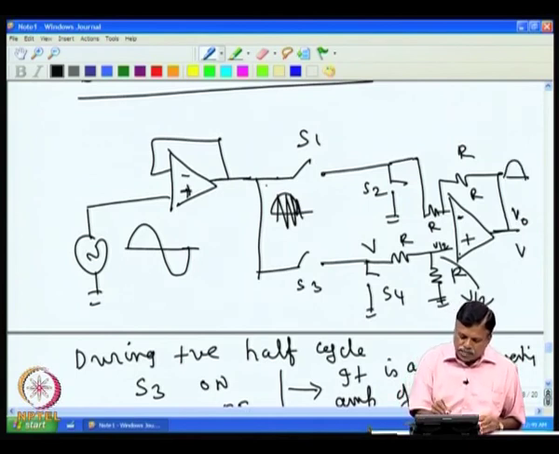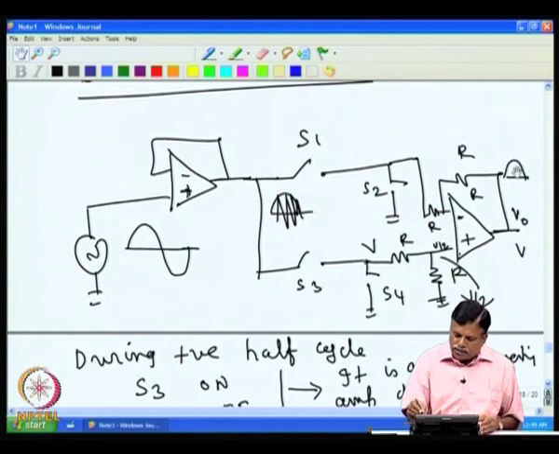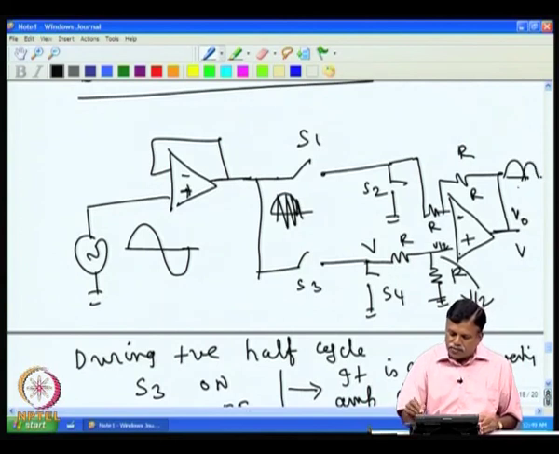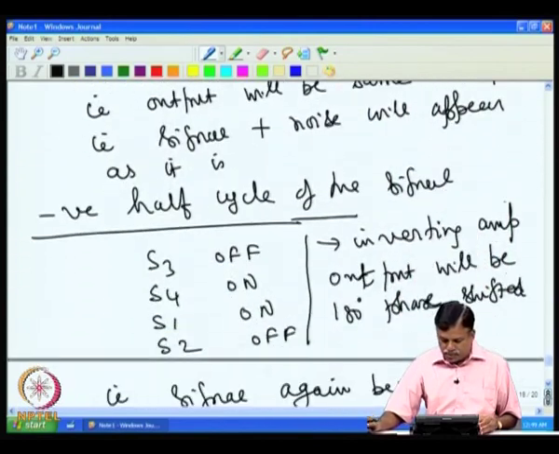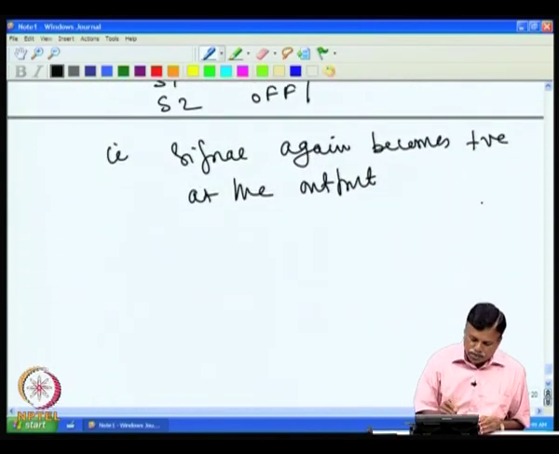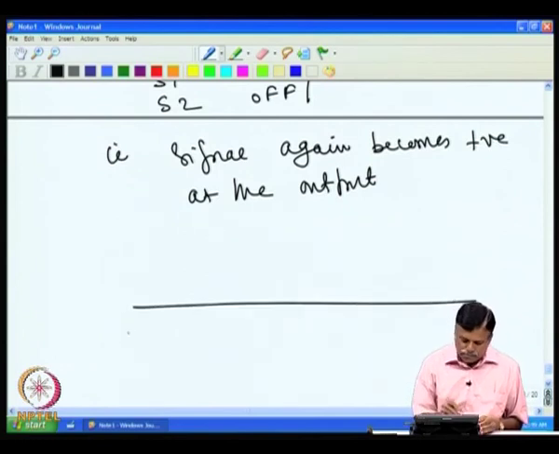During the negative half cycle, since the signal is going through this route and gets inverted, the minus signal gets inverted and will become a plus again. So again you will get the signal like this. If we look at the output voltage V naught, time versus voltage, if I plot that, it looks like this.